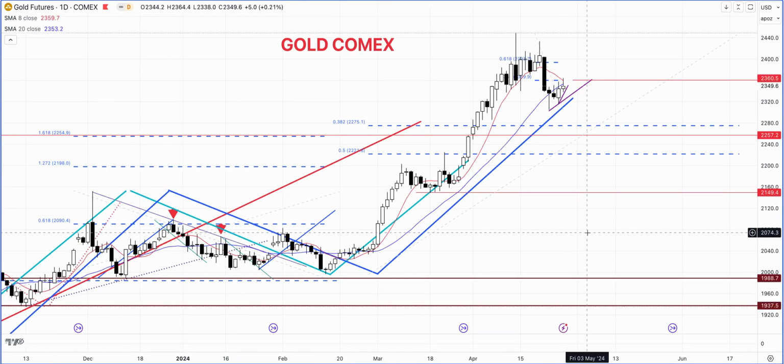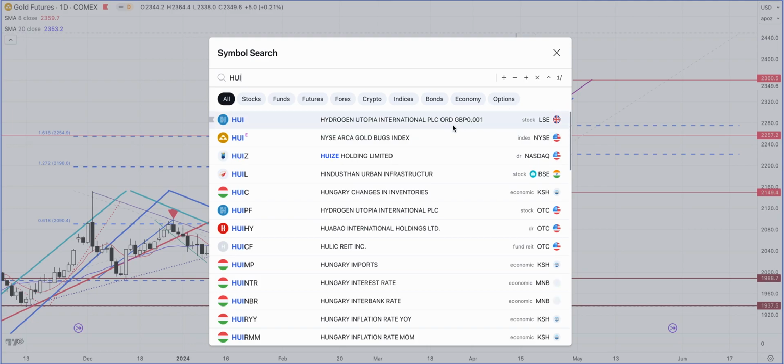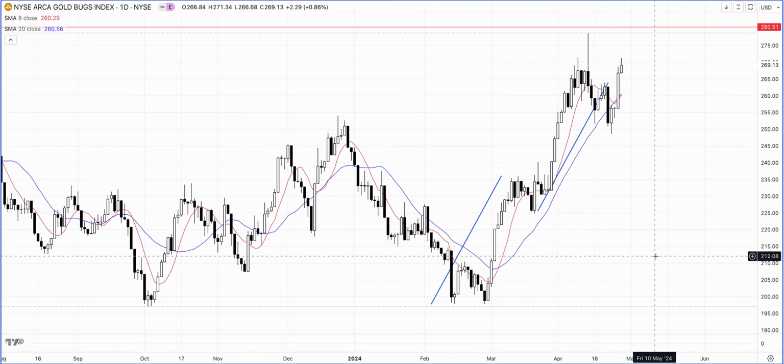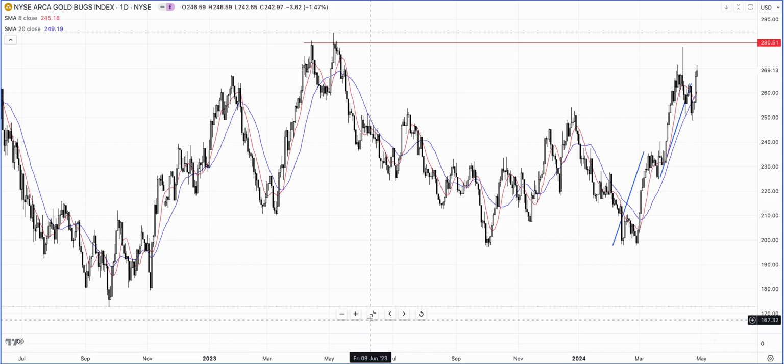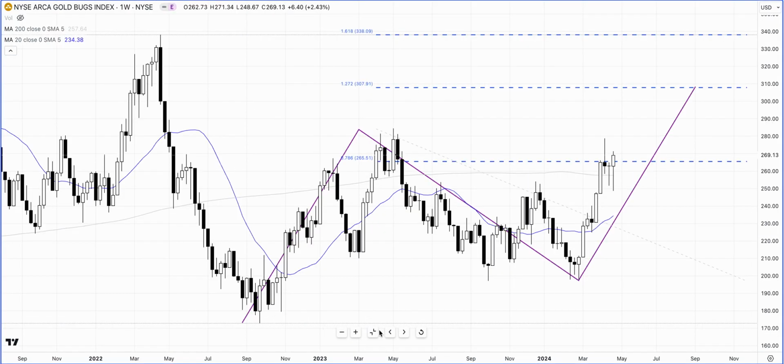Let's take a look at the HUI, which is the gold bugs index. And here we'll just take a look at this on the weekly chart. Looks like it's in this ABCD formation higher to around 308.